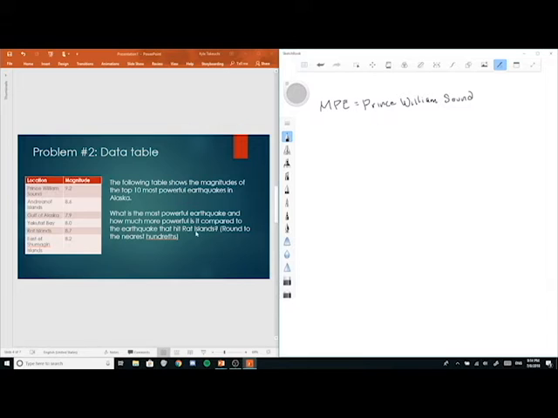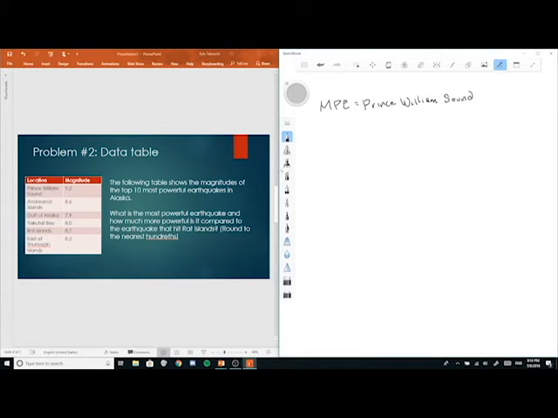So the second part of the question is, how much more powerful is it compared to the earthquake that hit Rat Islands, rounded to the nearest 100ths? What we do in this case is take the difference of the Richter magnitudes and exponentiate it by 10 in order to get how much more powerful it is.